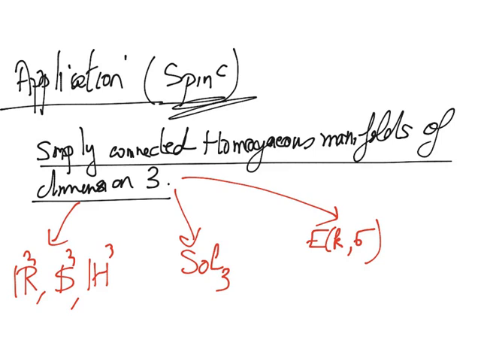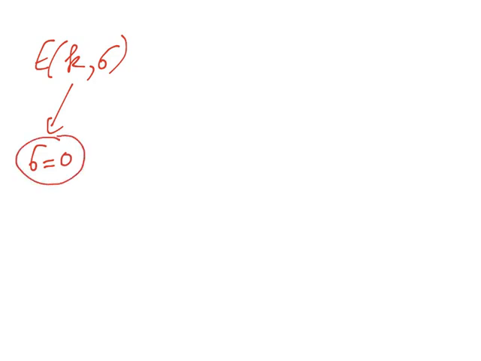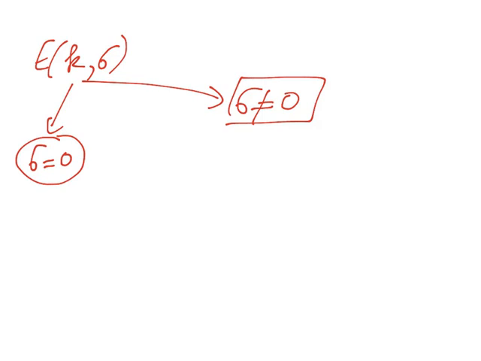If I write it clearly here, if tau is 0, and if tau is not 0. Tau in fact measures the defect to be a product or not.